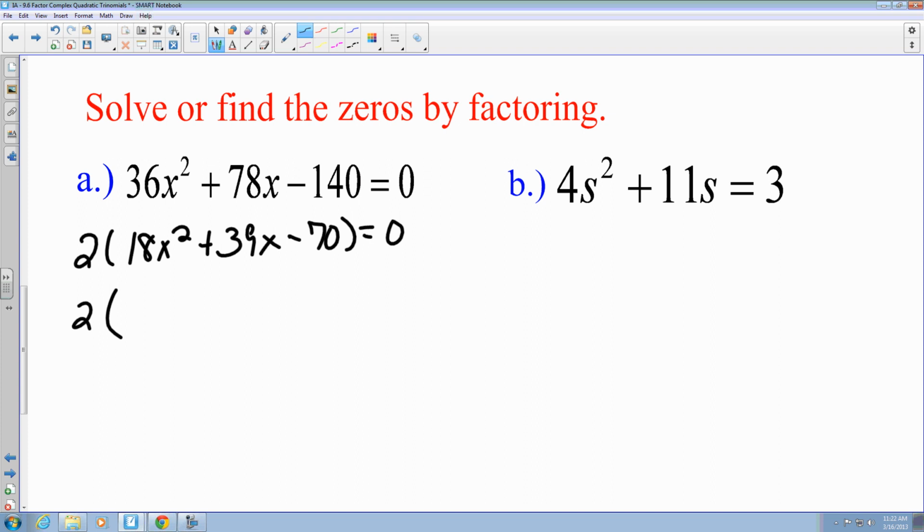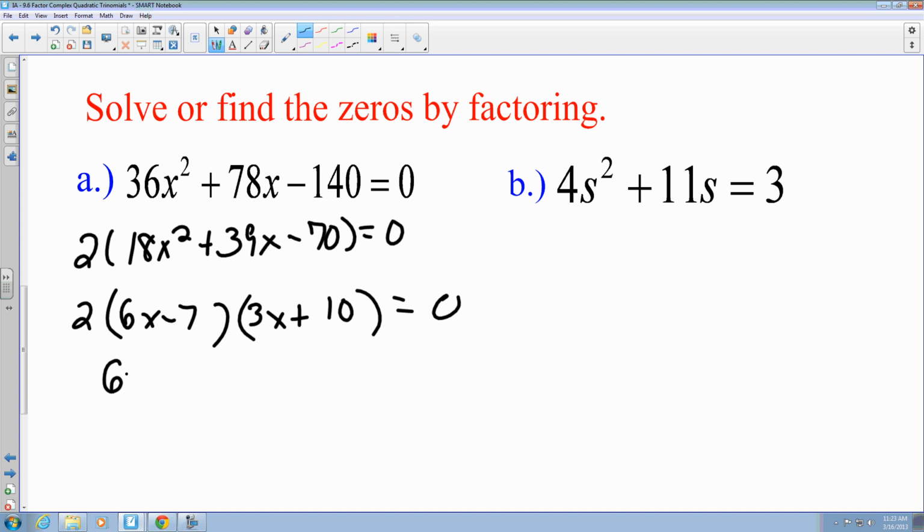So now I'm going to go parentheses here. I got x here and an x here. This is going to be 6x minus 7, and here's going to be 3x plus 10. I already figured out how it works, but now we get to use the zero product property.